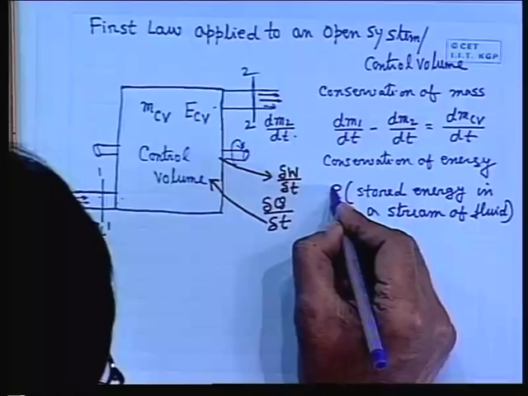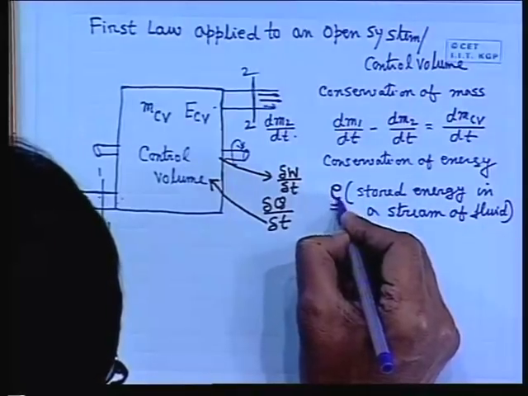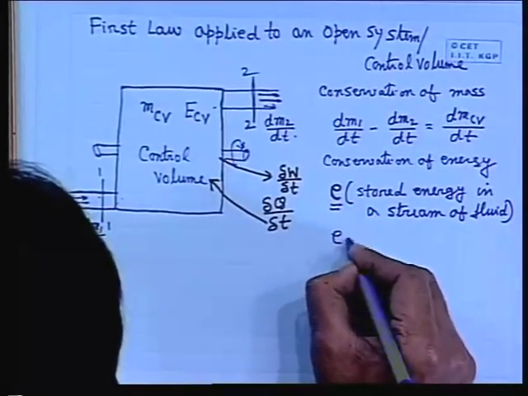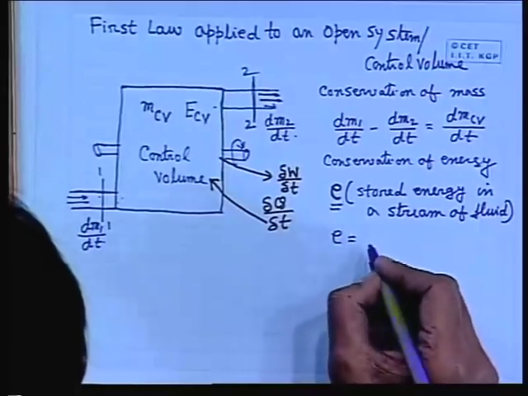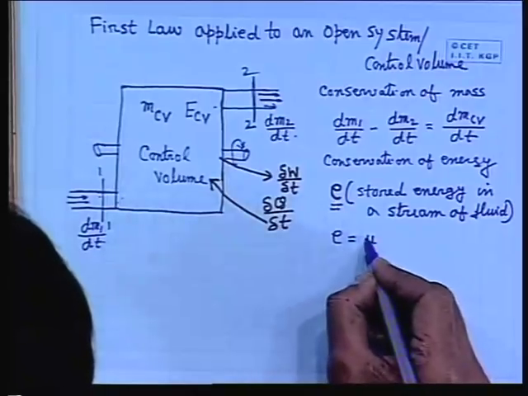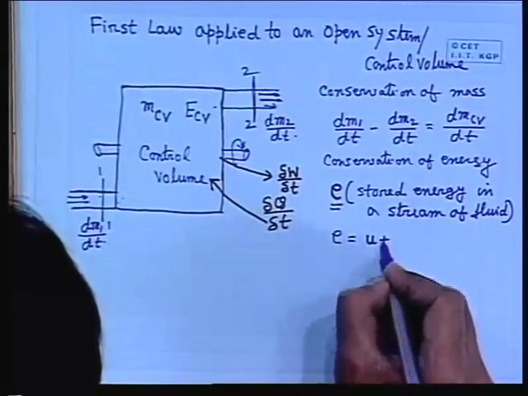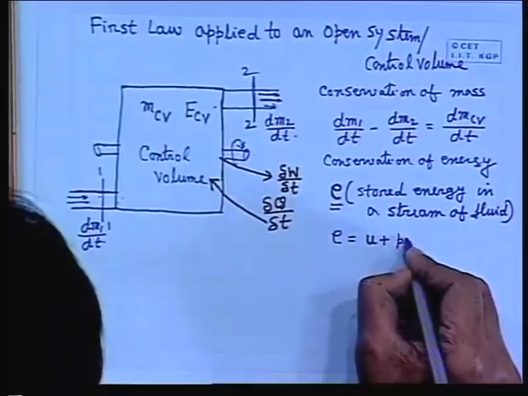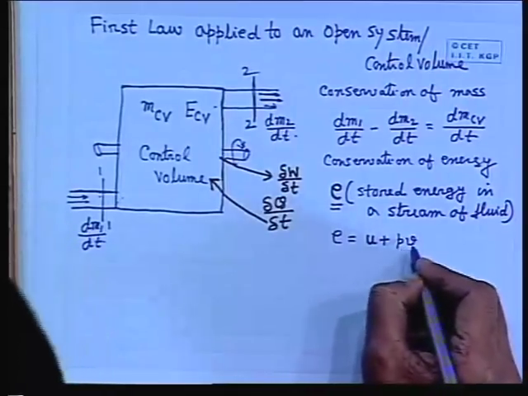So, a stream of fluid can be designated by all these sorts of energy at any section. That means, when a fluid flows in a stream, a section of this fluid possesses all this energy if you describe it per unit mass. So, therefore, denoting that stored energy per unit mass as E, E becomes equal to, in general, U, that is per unit mass, that is specific internal energy, plus the flow work, that is the pressure energy, P by rho.